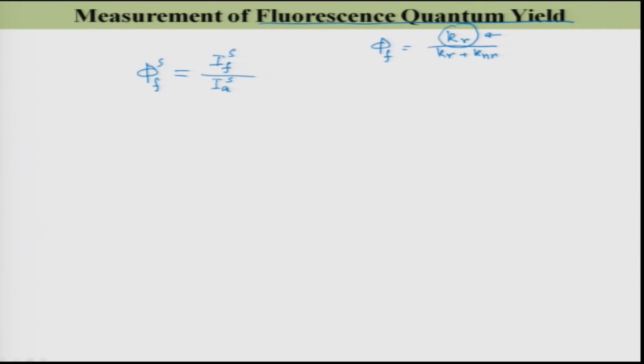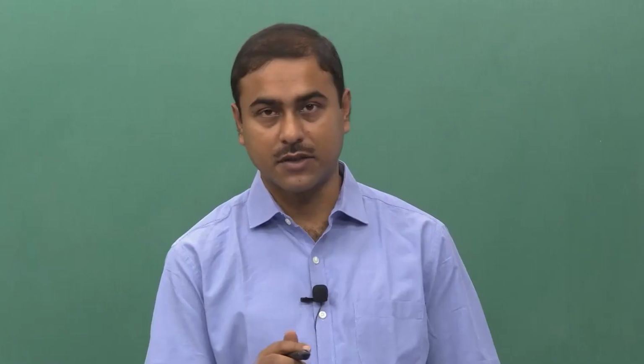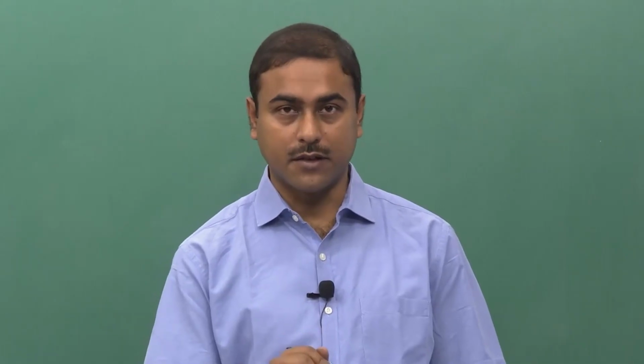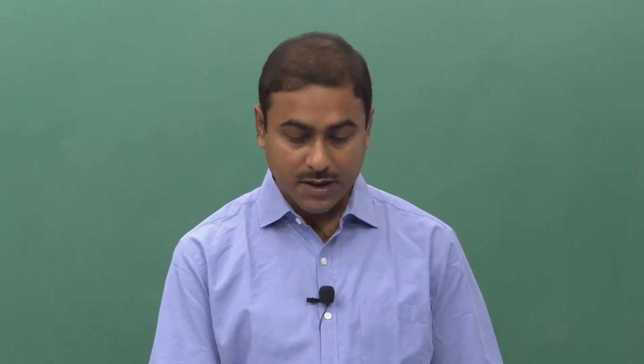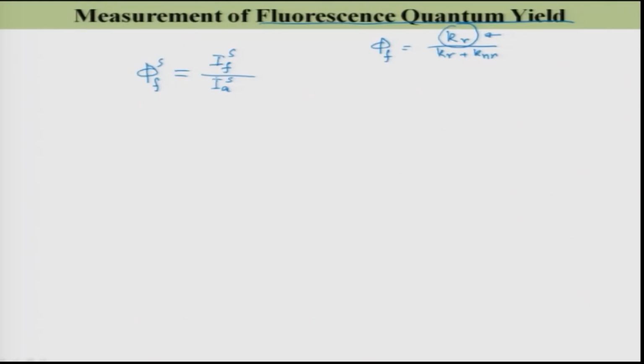You can just put your sample in the fluorimeter and simply measure the intensity coming out of the sample. But this absorption intensity of the sample is not a directly measurable quantity, right.